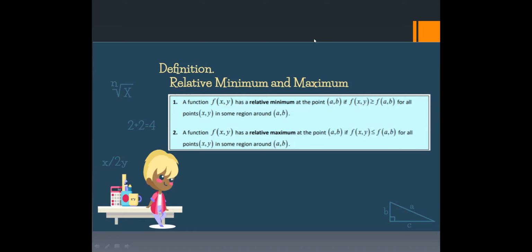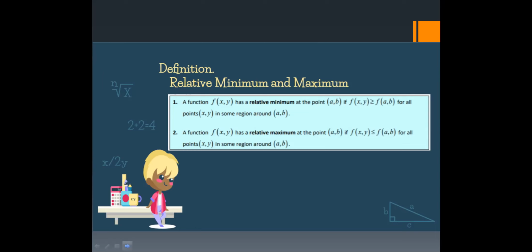Outside of that region, it is completely possible for the function to be smaller. Likewise, a relative maximum only says that around the point (a, b), the function will always be smaller than f(a, b). Again, outside of the region, it is completely possible that the function will be larger.